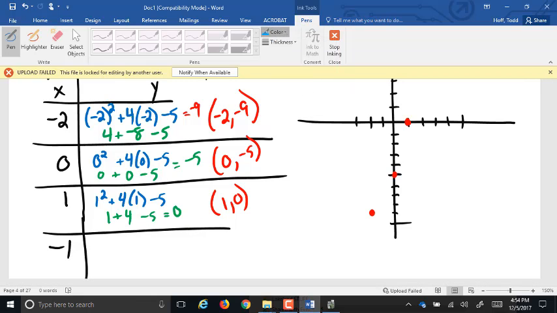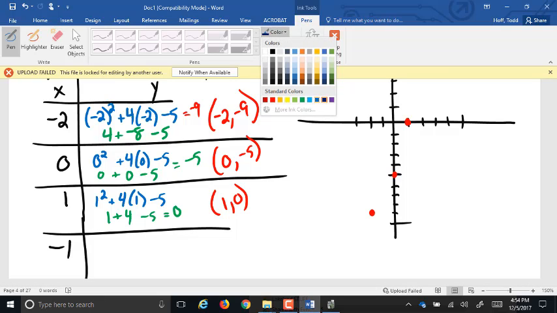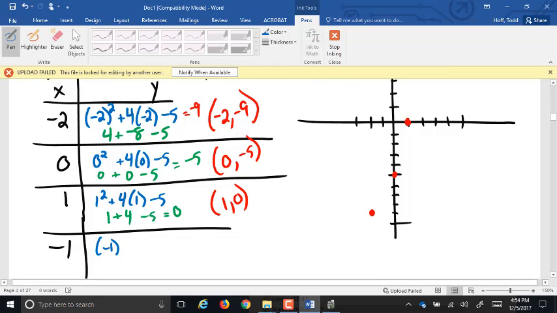So let's try x equals negative 1. So this is going to be negative 1 squared plus 4 times negative 1 minus 5. Well, negative 1 squared is 1. 4 times negative 1 is negative 4 minus 5. Well, 1 plus negative 4 is negative 3 minus 5 is negative 8.